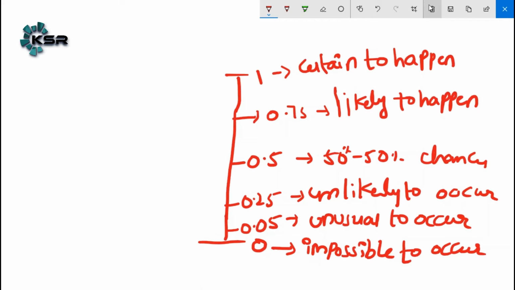To repeat: 0 means impossible to occur, 0.05 is unusual to occur, 0.25 is unlikely to occur, 0.5 is 50-50 chances, 0.75 is likely to happen, and 1 is certain to happen.